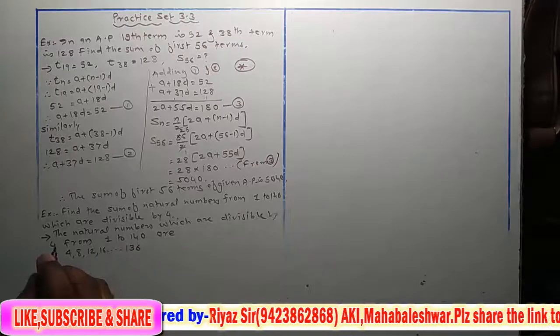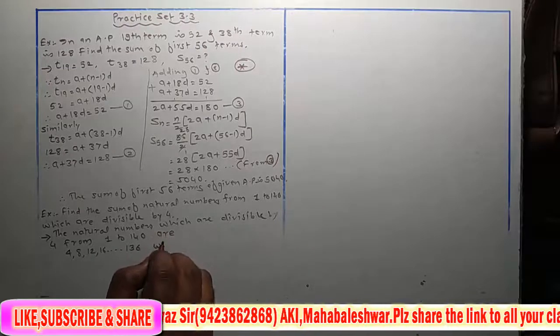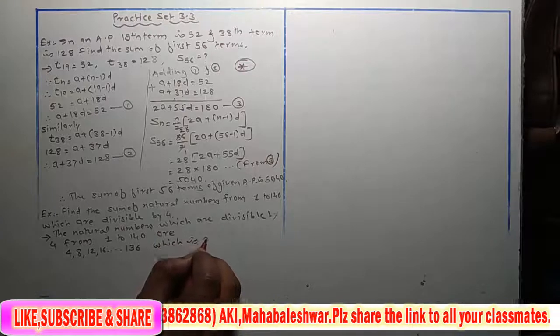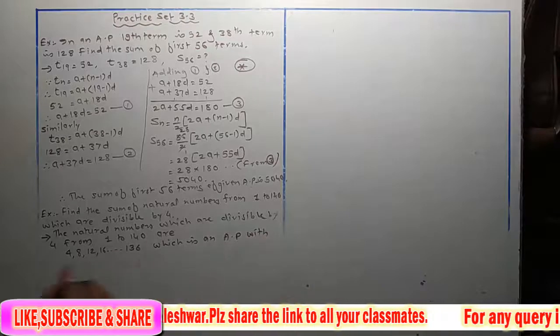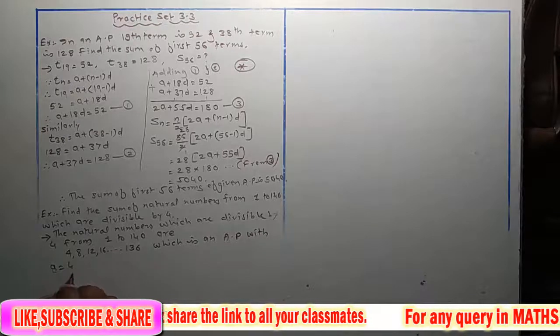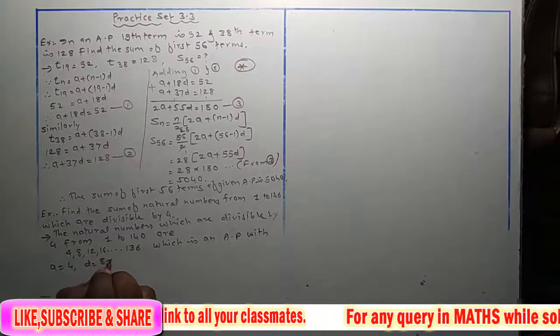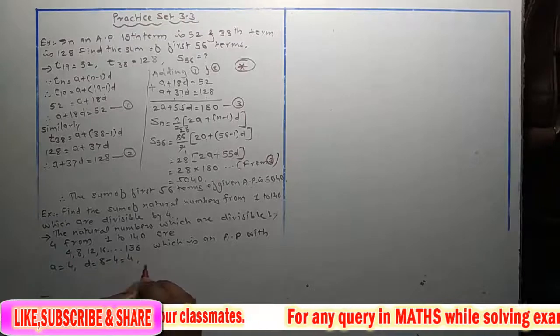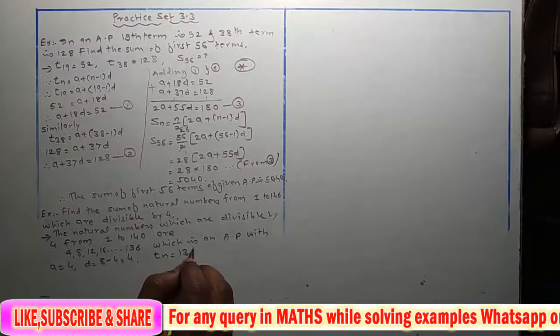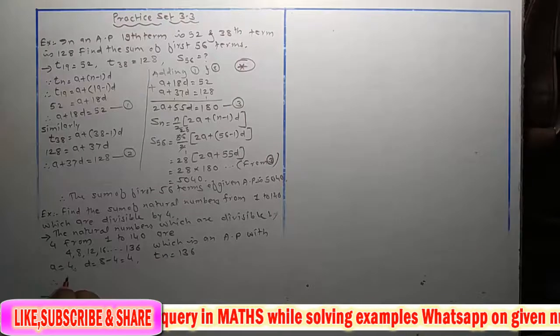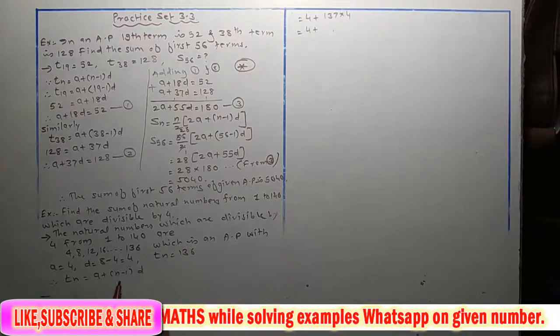to consider, which is an AP with a equal to 4, d equal to 8 minus 4, that is 4, and Tn is equal to 136. Therefore Tn is equal to a plus n minus 1 into d.